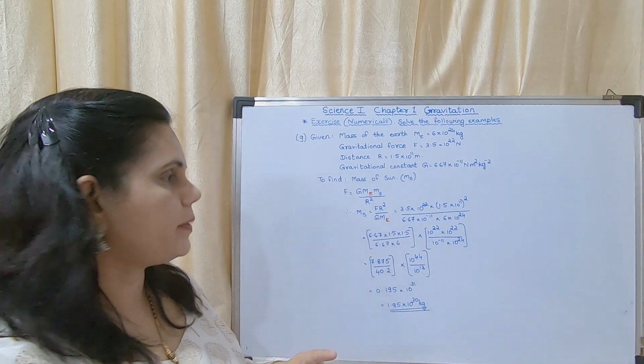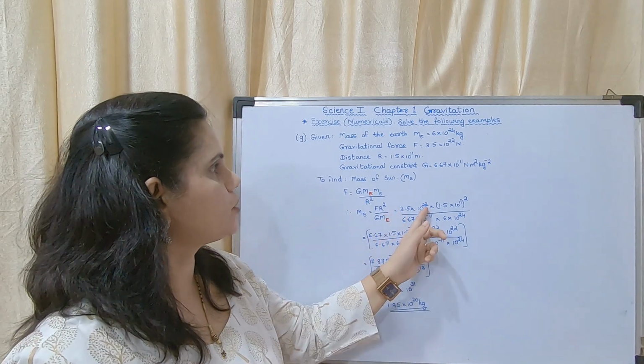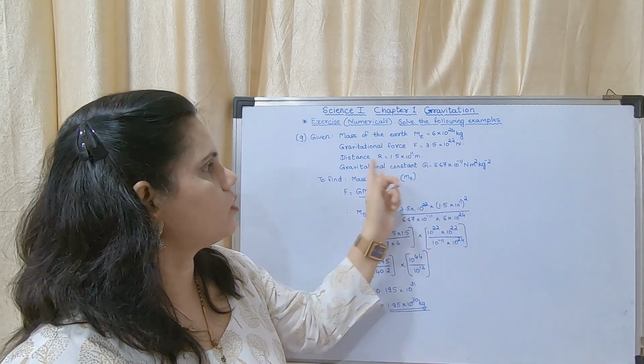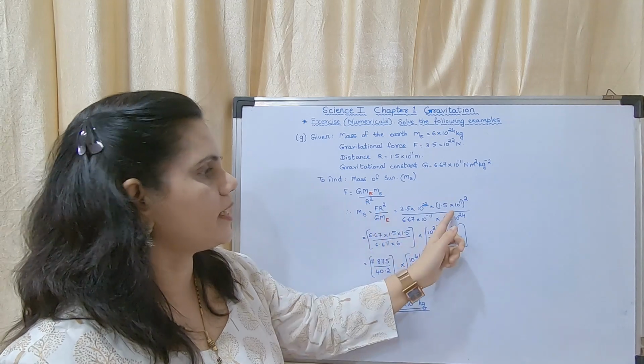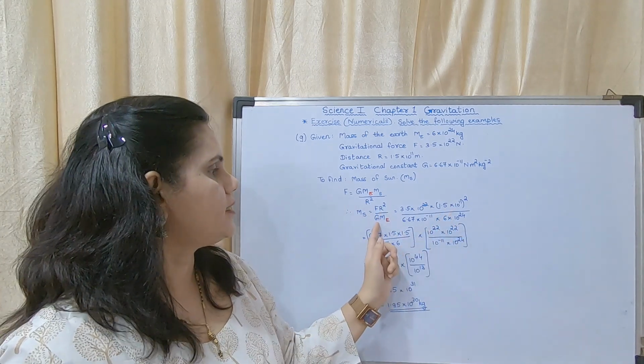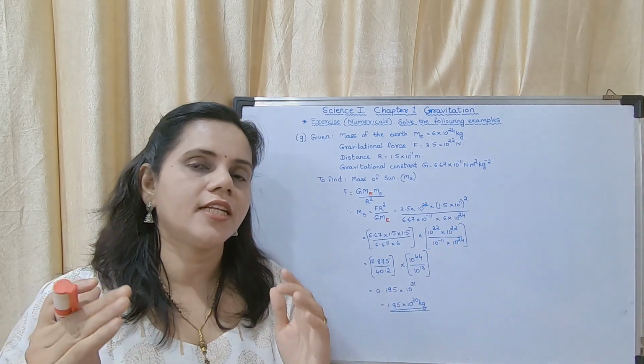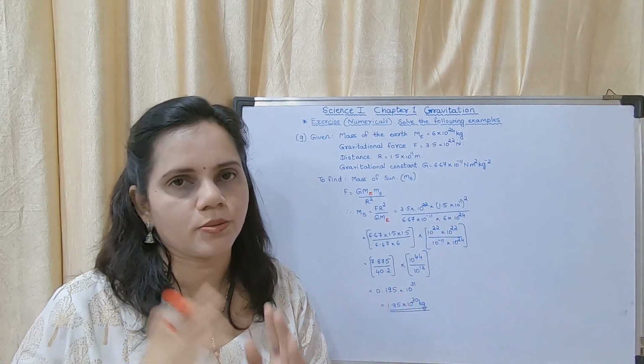So it will be 3.5 × 10^22, that is F, times (1.5 × 10^11) the whole square, distance square R square, upon G and mass of earth. Now you have to take the numbers separate and the powers separate.